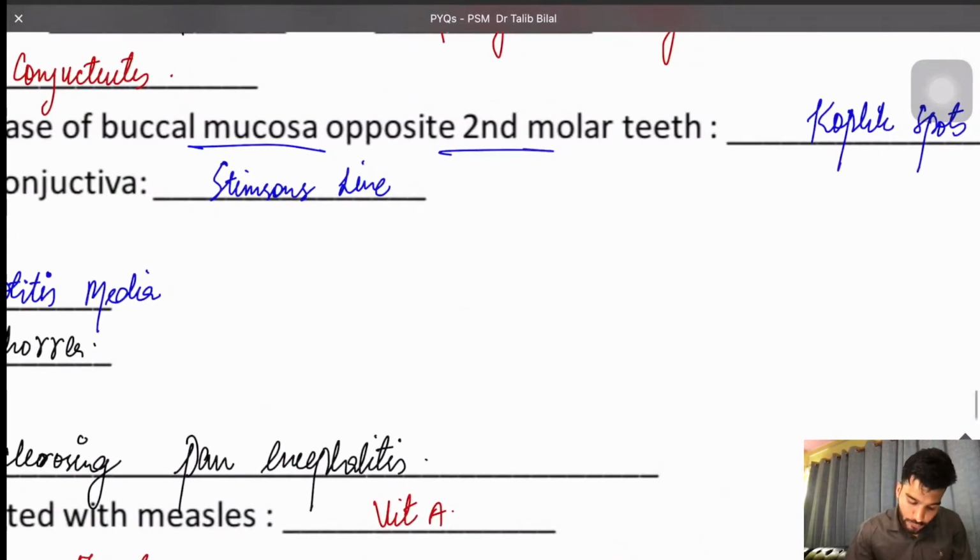One more question, guys, from pathology. What is the giant cell of measles called? Write down in the comment section. Giant cell of measles starts with W. Yes, I'm already giving a hint. Give me the answer.